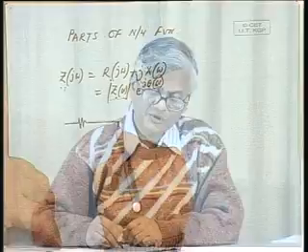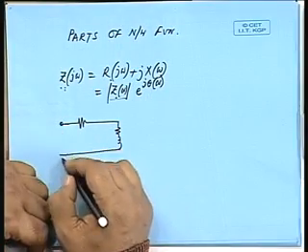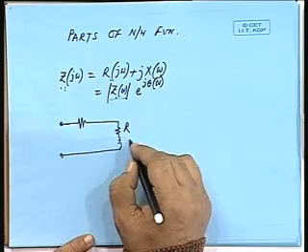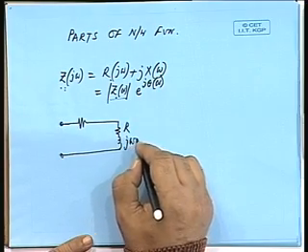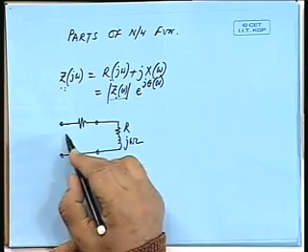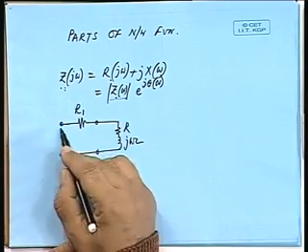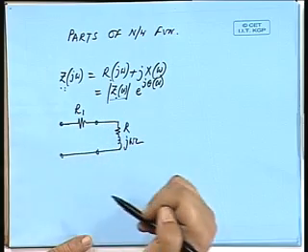For example, suppose you are having a simple RL network. Now, suppose you are given the imaginary part.